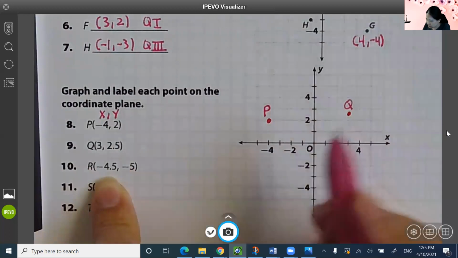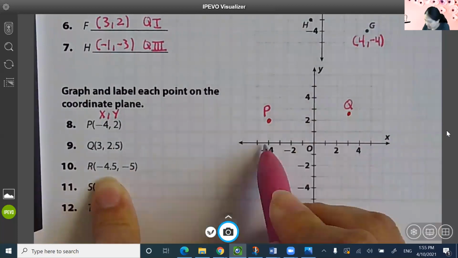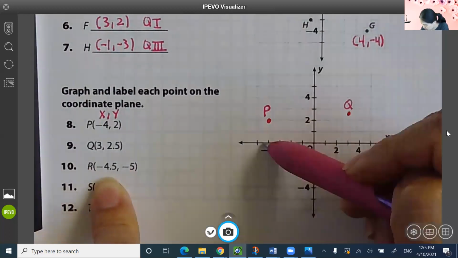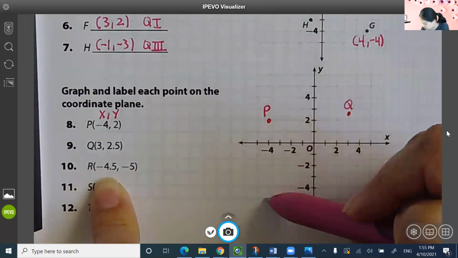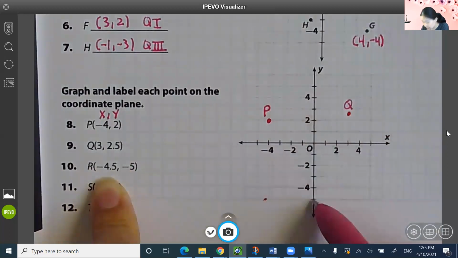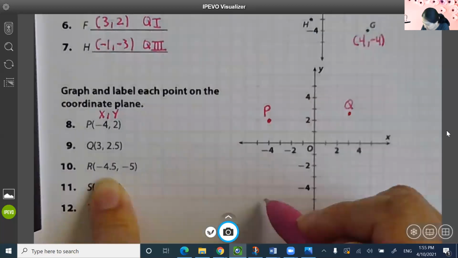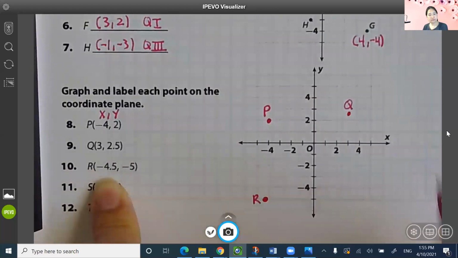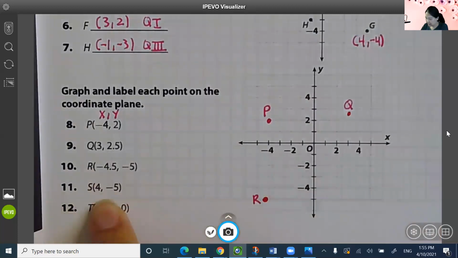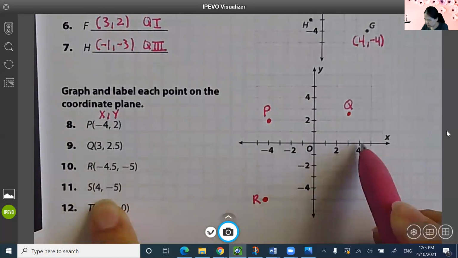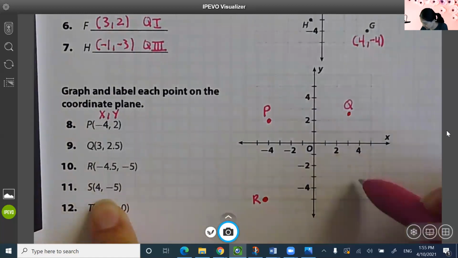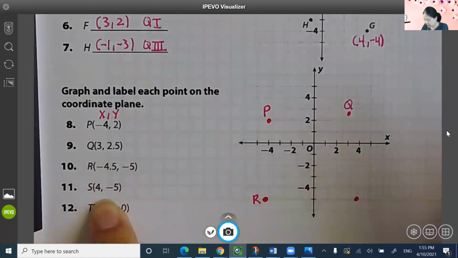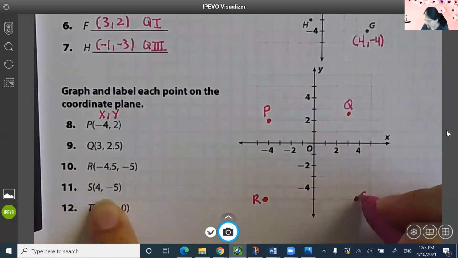So you first go to -4.5, and from there you go down to -5, which is right here. See, here's -4. -5 is right here. Plot a nice point, and we're going to label it R. The next one is +4, -5. So you go to the right 4, and you go down 5 to -5, and that is point S.